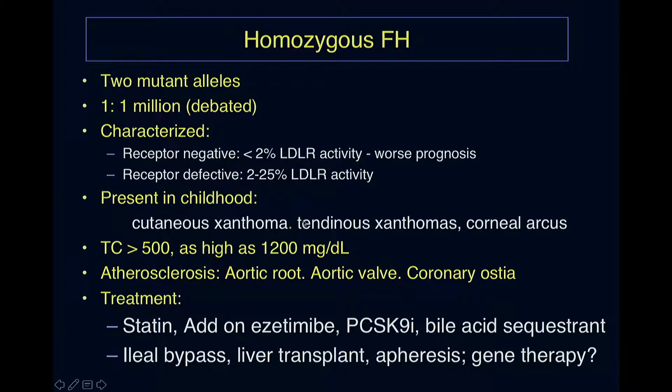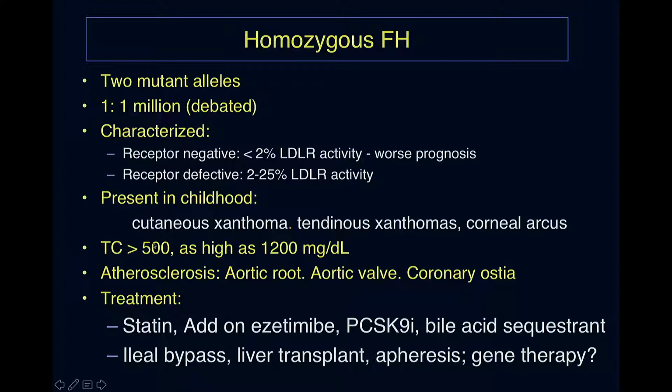It's worth knowing a little bit about familial hypercholesterolemia because it could come up in a board setting, but homozygous familial hypercholesterolemia is rare. There's debate about its frequency, but 1 in 1 million would be a common perspective on it. Differences in the receptor activity are present, and it can often present in childhood, seen with xanthomas.